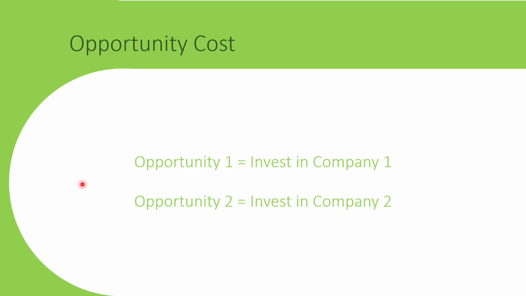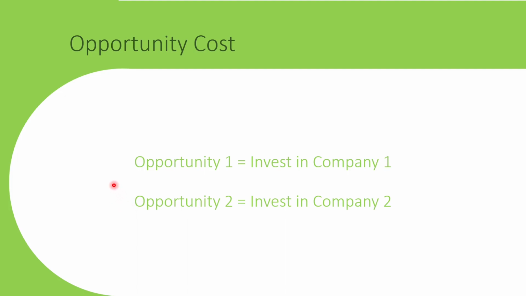But something important over here is, let's take the example of time, right? If you choose to put in 1 hour into company one, let's say for the sake of employment, so you're employed by company one and you're working for an hour for them, that is 1 hour that you could not have spent in company two, right? So by choosing one, you are choosing to forego or to give up the other. And that is your opportunity cost. By choosing to go with opportunity one, you are choosing to give up opportunity two, and that is your opportunity cost.